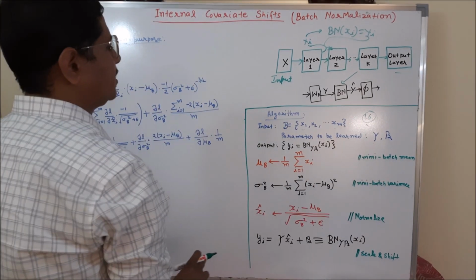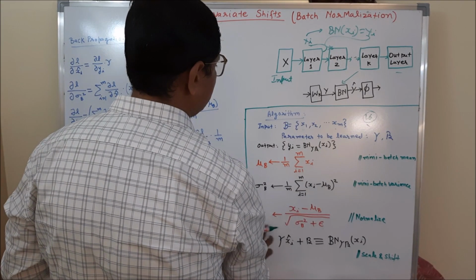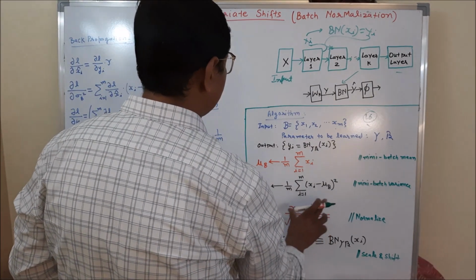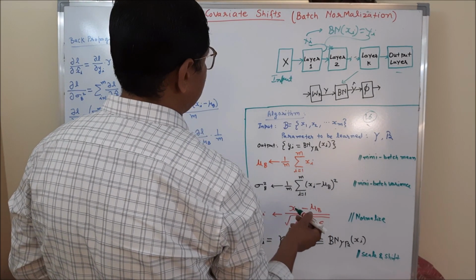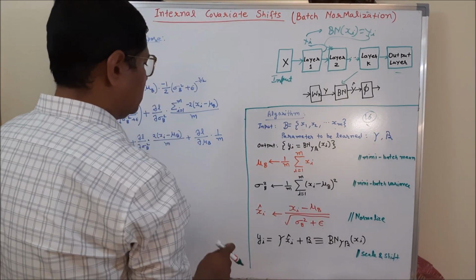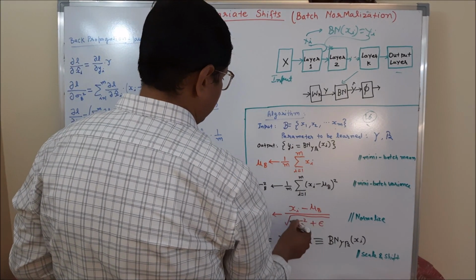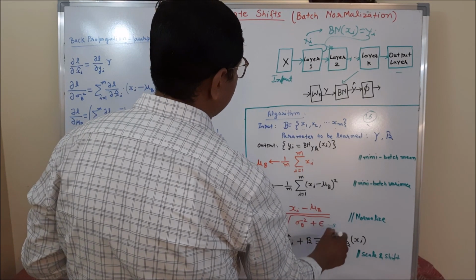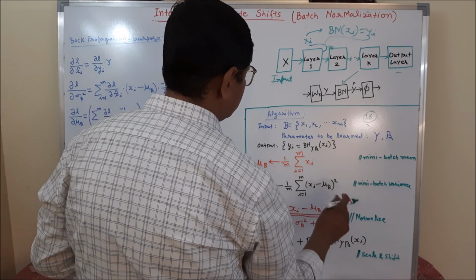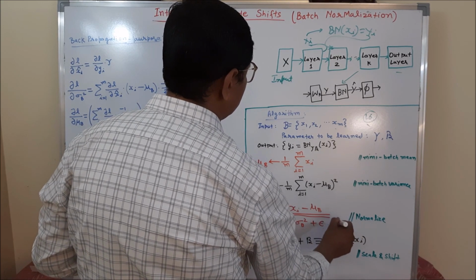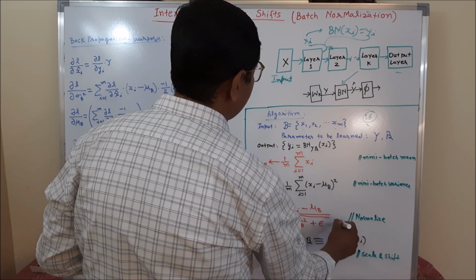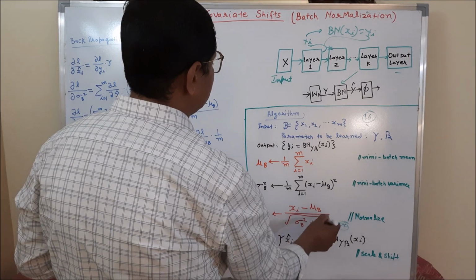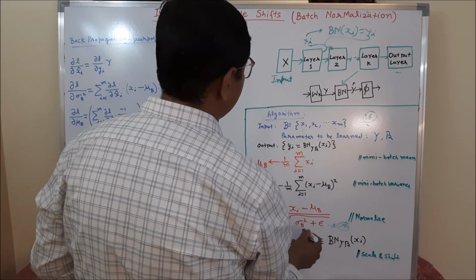Now we need to normalize this, because without normalization I think it will take more iterations and create convergence issues. So we normalize it by dividing by the root of sigma b square plus epsilon. Epsilon is a variable having a small value greater than 0. The main role of this variable is to avoid division by 0 if the variance is 0.